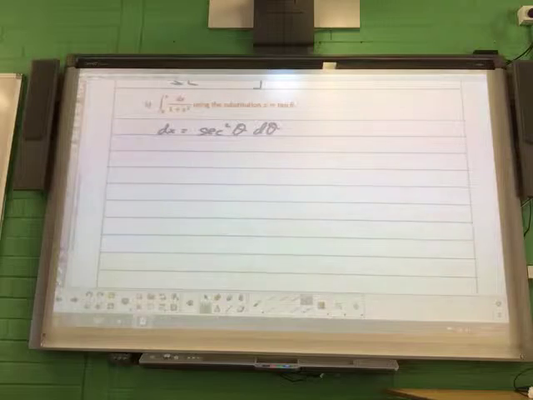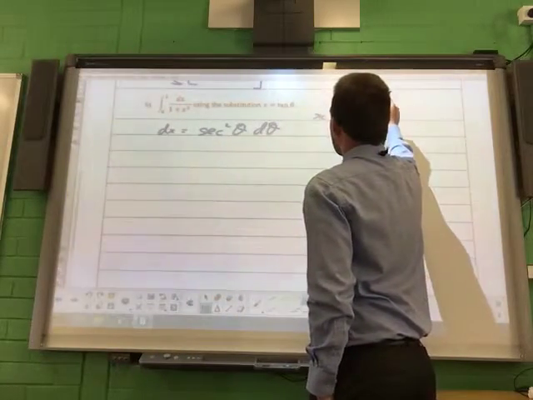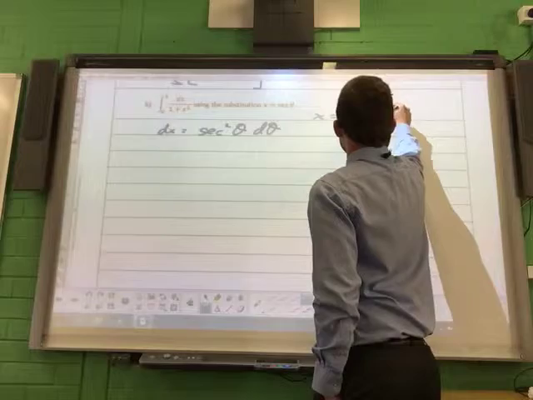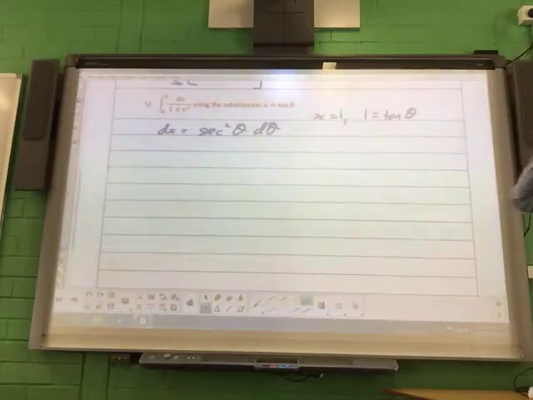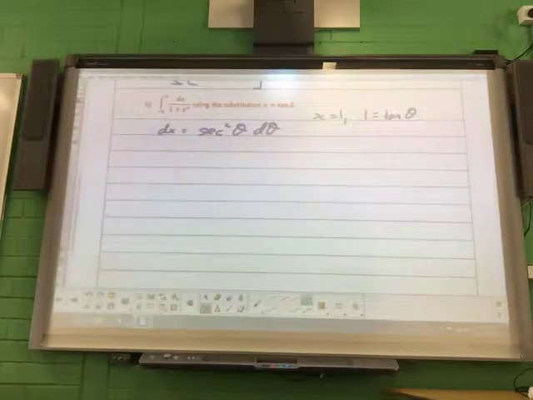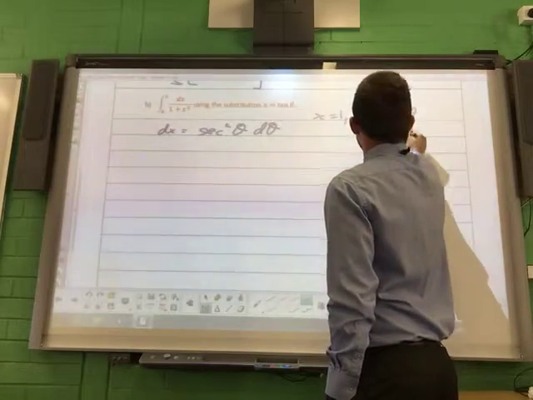Okay, and I need to change the bounds of integration, alright, because they're x's. So x equals 1, 1 is tan of theta. The tan of what angle makes 1? 45, okay. So theta is pi on 4.